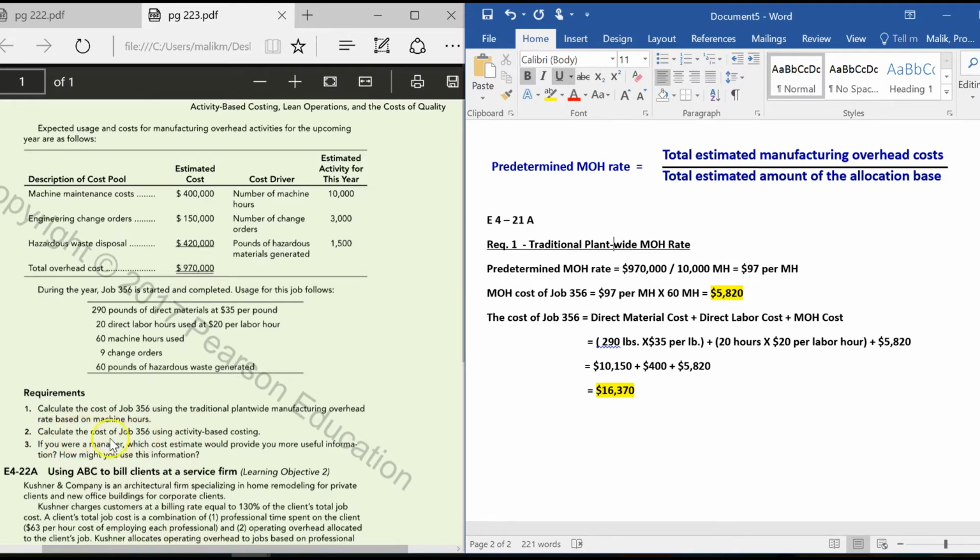So we'll be using the same information, just our manufacturing cost will be different. So let's do our second requirement, number 2, where we have to use ABC costing, or activity-based costing.